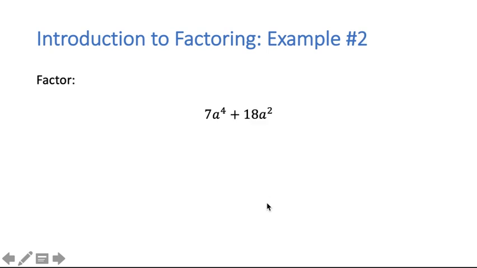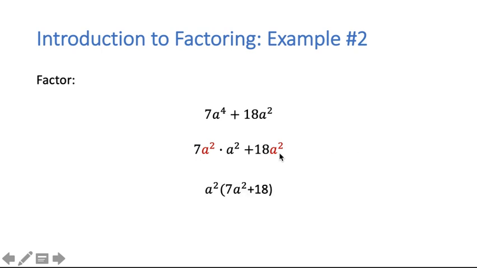Okay, so in example 2, we're factoring 7a to the 4th plus 18a squared. In this problem, I can factor a to the 4th into a squared times a squared. Now I realize there's a lot of different ways that I can factor that, but I'm looking at this factorization because then I see the GCF is a squared.